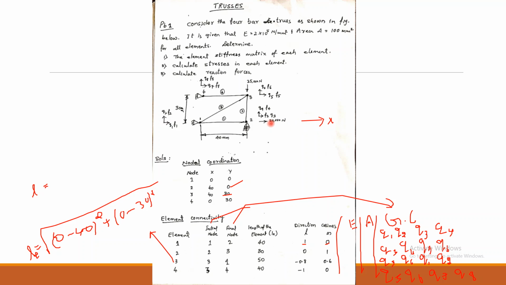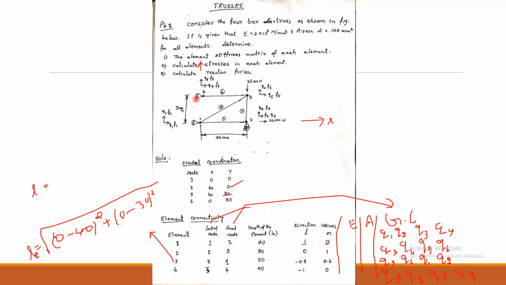So that is plus 20,000 Newton, F3. And we don't have any F4. Coming to node 3, we don't have F5, and we have an F6 quantity of 25,000, but it is against the axis system, so F6 is equal to minus 25,000.